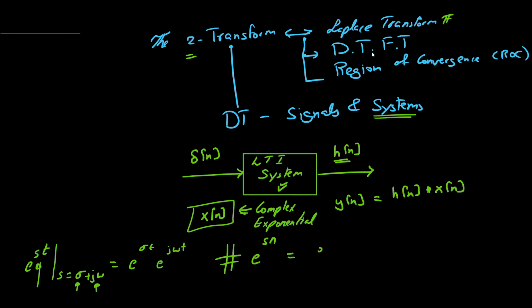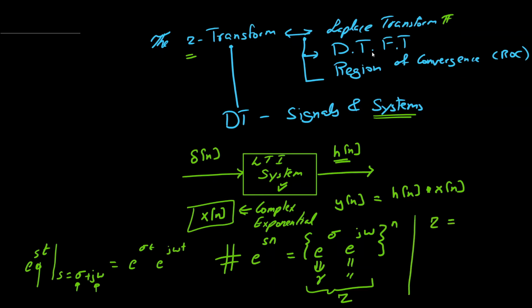So we would have e sigma times e j omega, and we can extract out the power n outside. Now this e sigma is something that we call r, and this would be retained itself, and this is a standard definition of the variable z in the domain. So therefore z is equal to r e j omega.